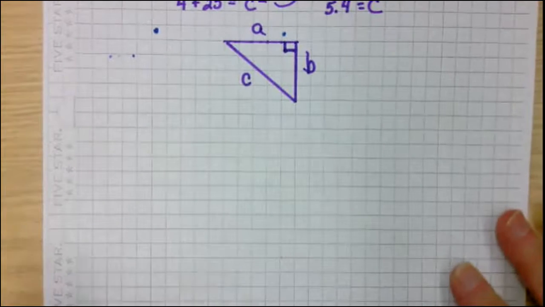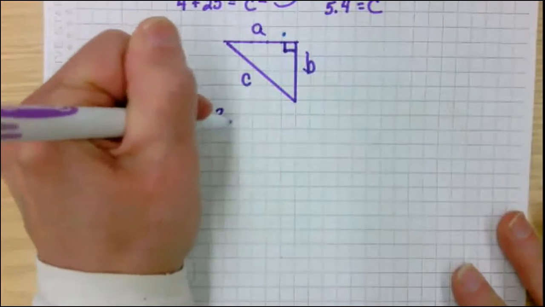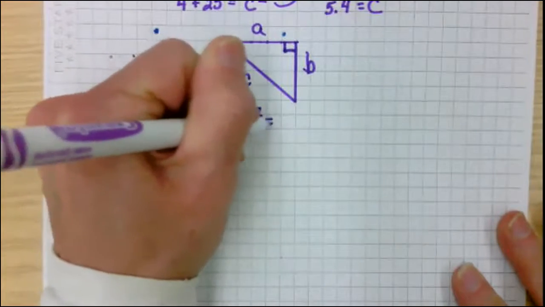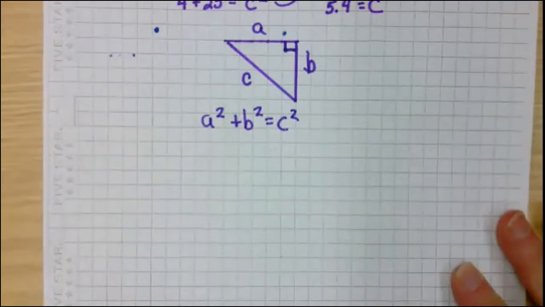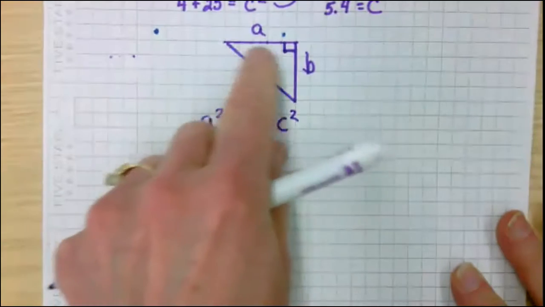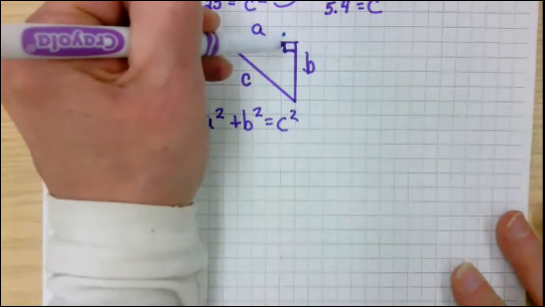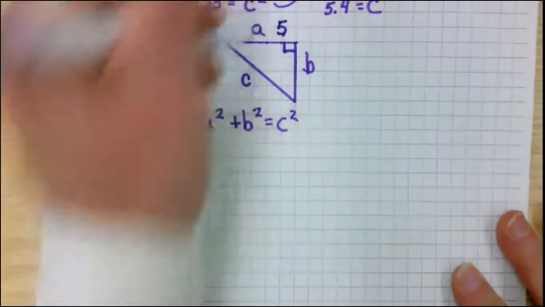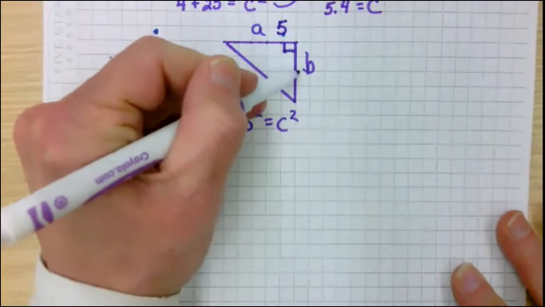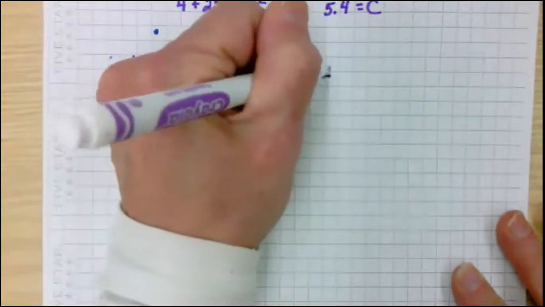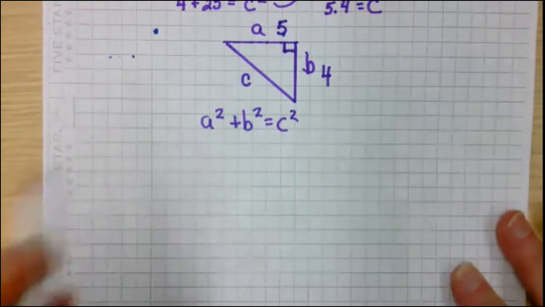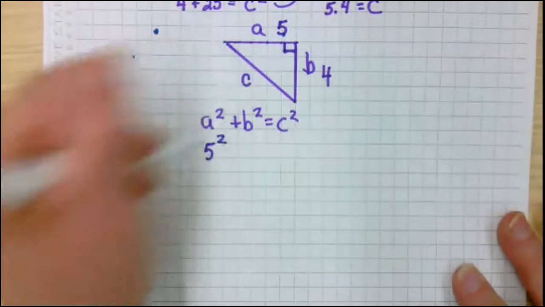So a squared plus b squared equals c squared. And we have to figure out what this distance is. Well, let's count. 1, 2, 3, 4, 5. And what's this distance? 1, 2, 3, 4. So my a squared is 5 squared.